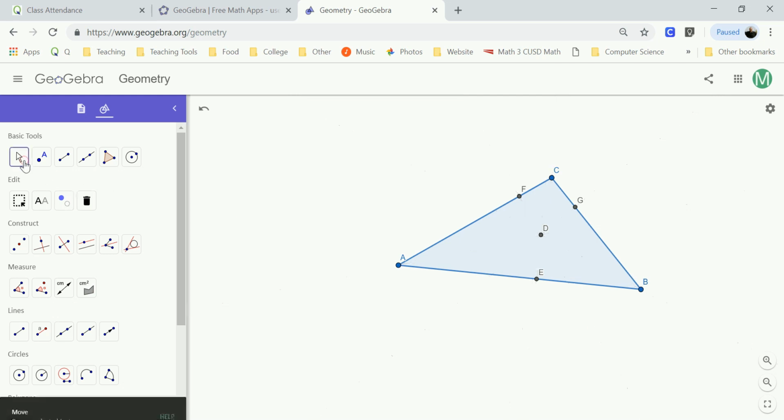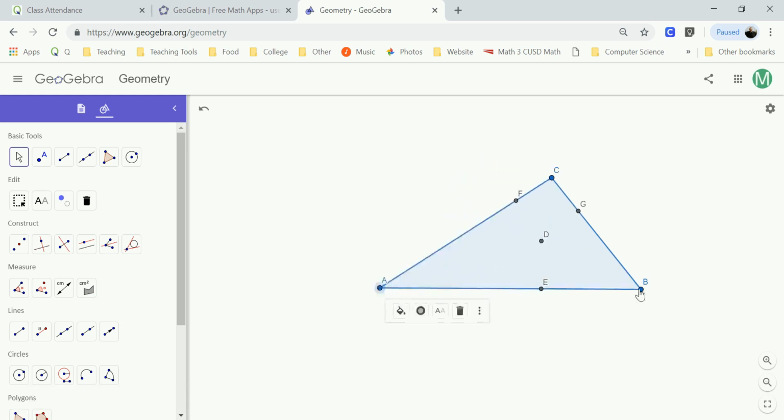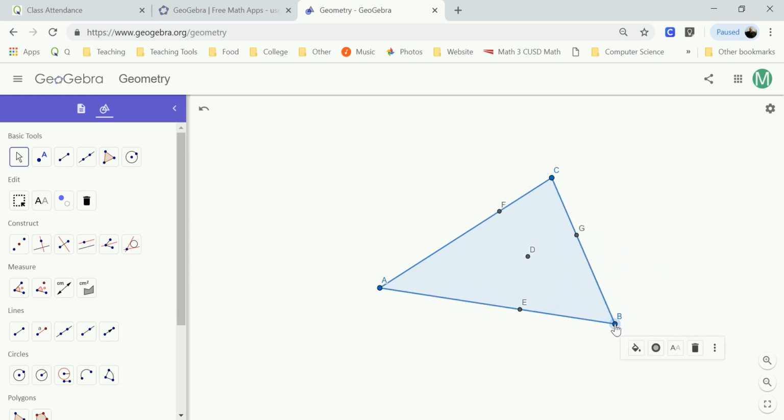And this is what it looks like. Now as I move my triangle around, we can see the incenter, which is D, and we can see where the points would be perpendicular on the side. So if we measured from D to E, or D to F, or D to G, we find the distance from that incenter to any side of that triangle.